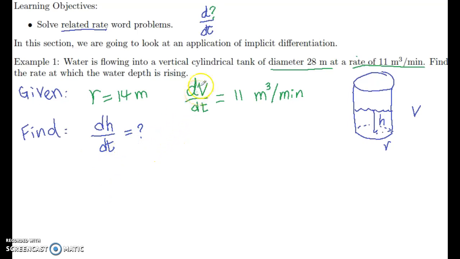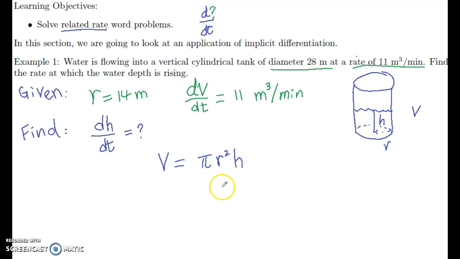Because we're relating the volume, the height, and the radius, we want to call for the volume formula. For a cylindrical object, it's the area of the base times the height, and the base is a circle, so it's pi r squared h.